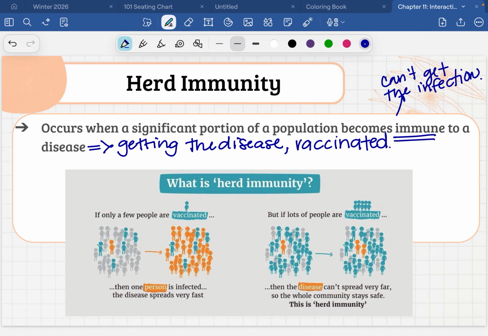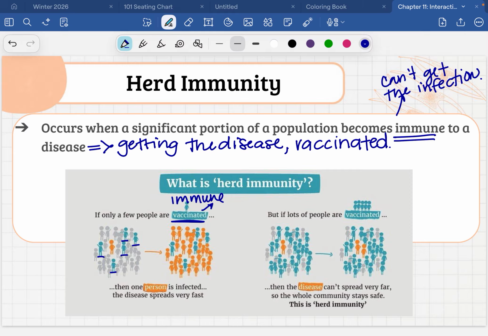So what happens when we have herd immunity? So if only a few people are vaccinated or immune, okay, they have vaccinated written here, but really what they mean is immune. If only a few people are immune, so in this case, the blue people are the ones that are vaccinated or immune.